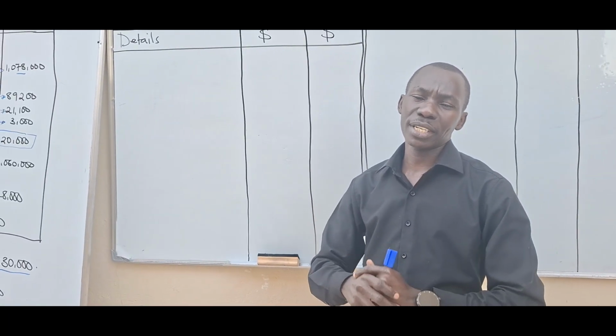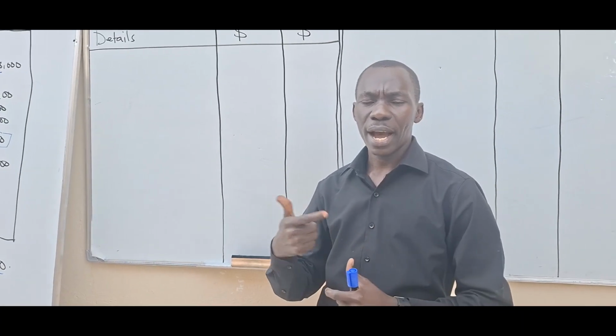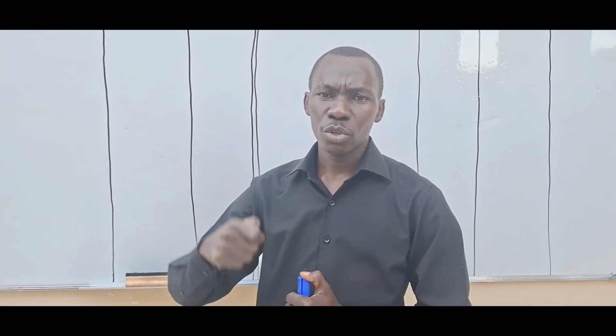Then we have financing activities, where we are looking at the financing of the business. Either you are issuing shares, issuing debentures, receiving a loan, or paying back a loan. The cash movement there we record under financing activities.